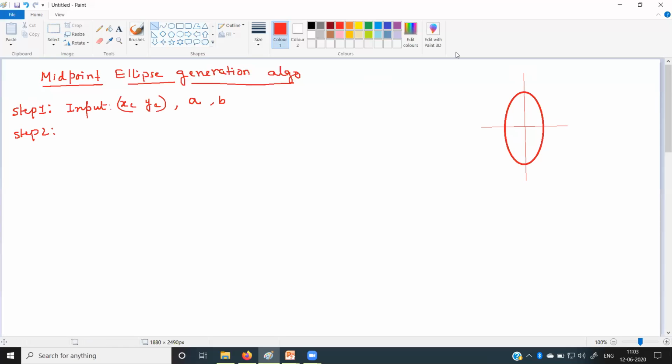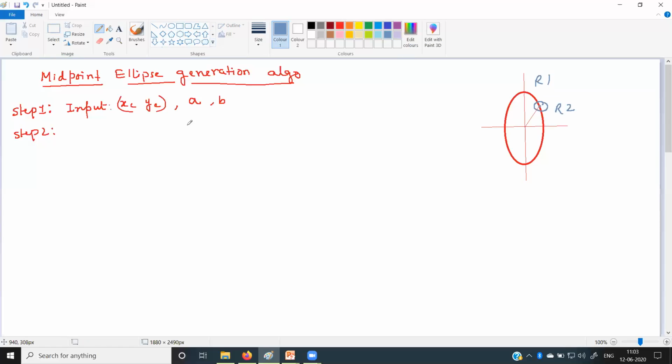Now, there is another point on the arc of the ellipse. This point divides the first quadrant of the ellipse into two different regions. One is region 1 and another is region 2. These points divide the entire curve of the first quadrant into two regions. This is region 1 and this is region 2.